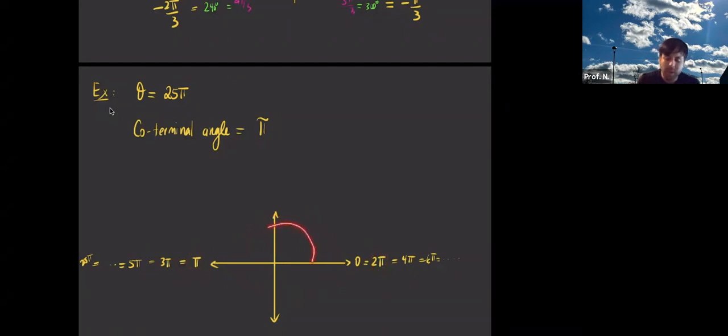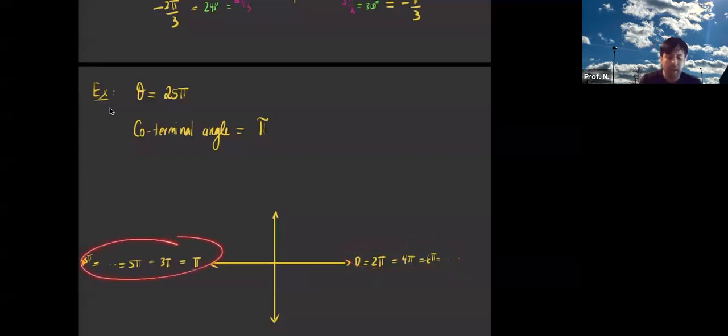Then if I go around 2 pi and then another halfway around, I'll get to 3 pi. And then if I do 2 full revolutions, I get to 4 pi. And so on and so forth. 5 pi, 6 pi, 7 pi, 8 pi, 9 pi, 10 pi. So all of the positive even multiples of pi are on the x-axis to the right.